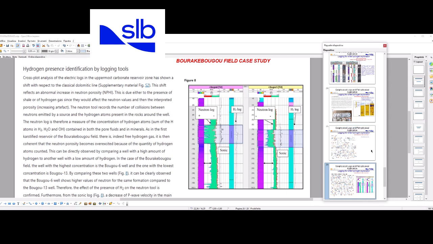It is also linked to a sensitive sonic log value. So we have a good correlation specifically with neutron log, but also with sonic log.